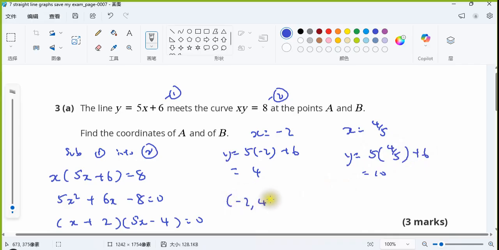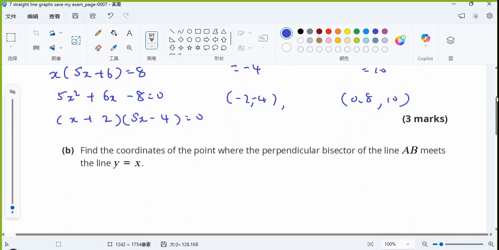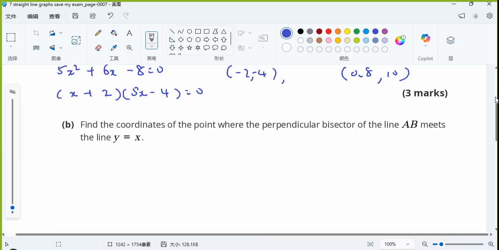So we have (negative 2, negative 4) and (0.8, 10).